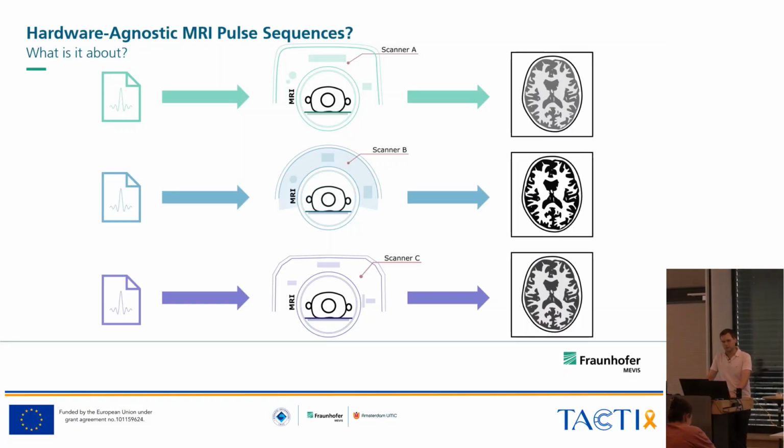They are quite complicated to use, C++ based and hard to learn, but they also have unique sequence description languages. So it was not possible to create an MR sequence for Philips and then go to an MR site and just test your sequence. It would need a complete re-implementation of this sequence.